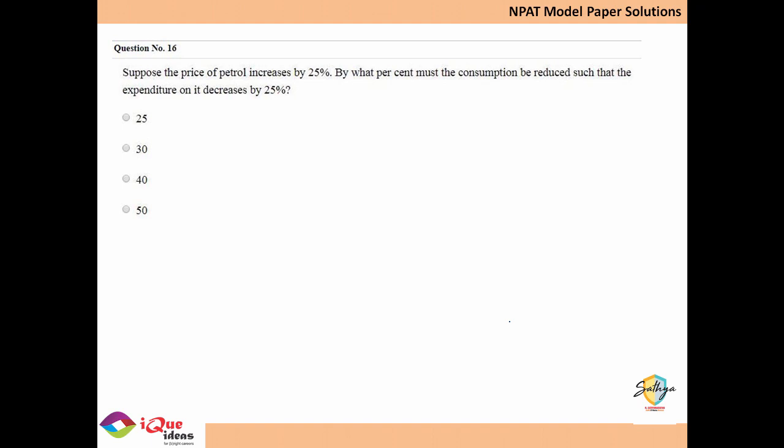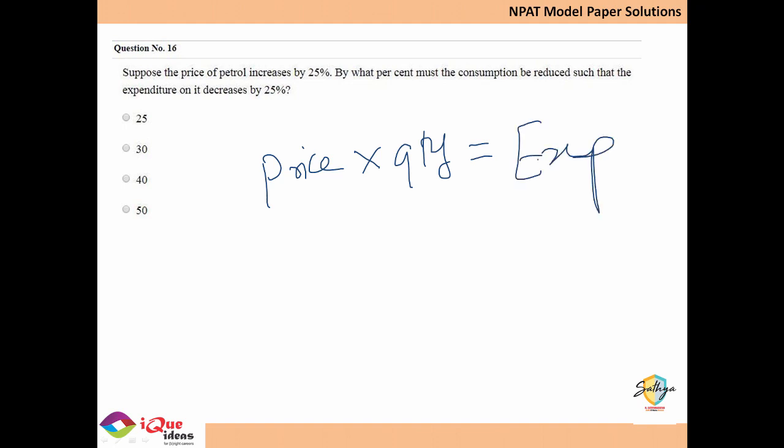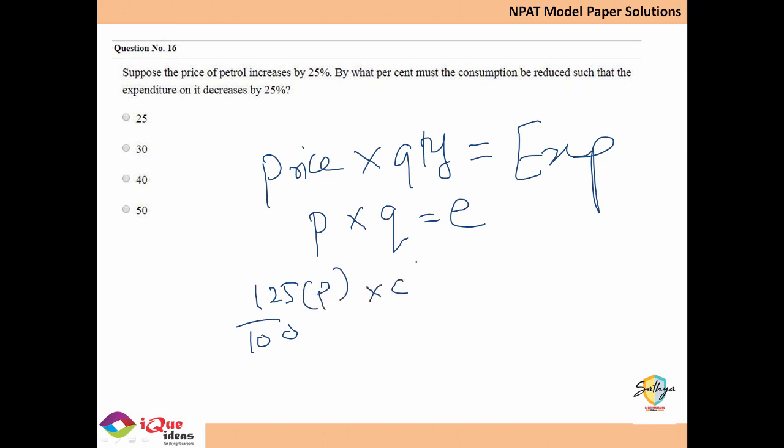Okay. Now, the next problem, the funda that you have to keep in mind is the price of the product multiplied by the quantity or the consumption of the product is the total expense. So original price into original quantity is original expense. The price increases by 25%. The new consumption I have to find out to maintain the expense down by 25%.